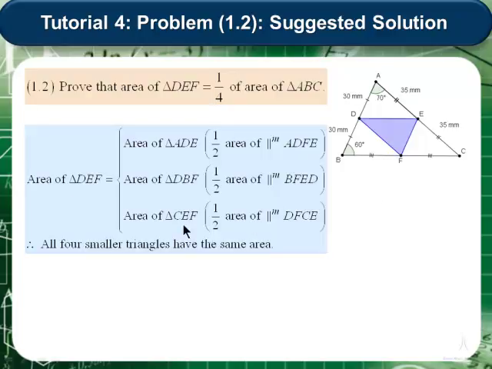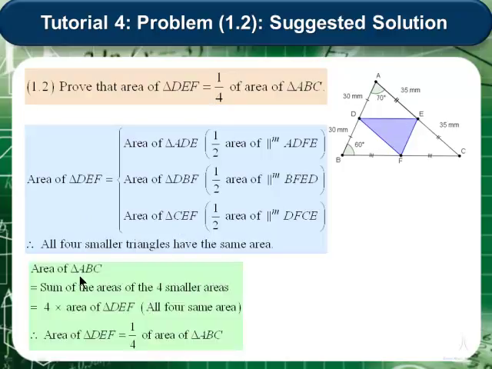And lastly, the area of triangle DEF is also half of the area of parallelogram DFCE, and that in turn is equal to the area of triangle CEF. So what it really means is that all four of the small triangles have the same area.